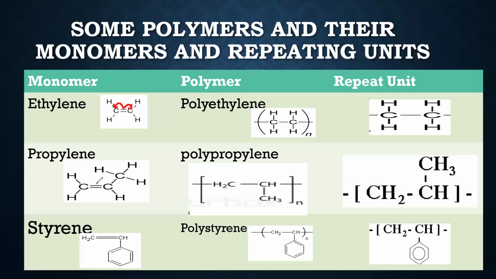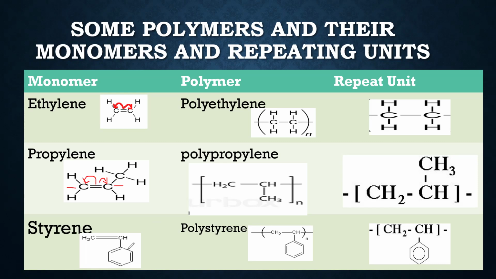The double bond breaks down, leading to the formation of new bonds where other units of propylene will be added n times, forming the polypropylene, and this is the repeating unit. And this is an example of the branched polymer. We will talk more about the branched and the linear polymers in another video.